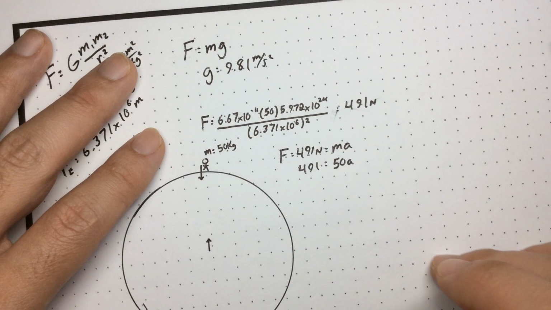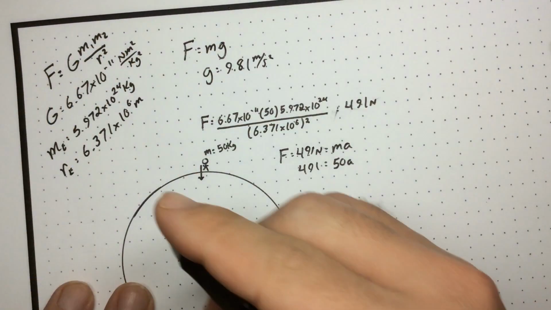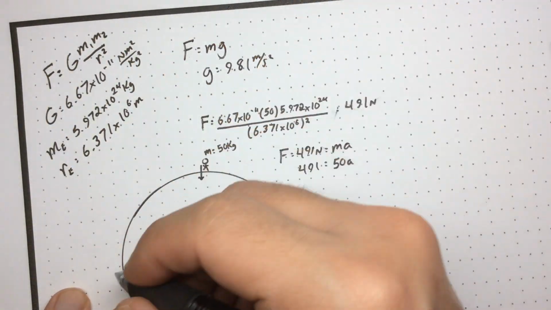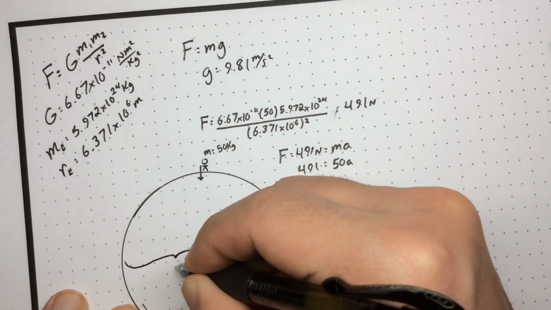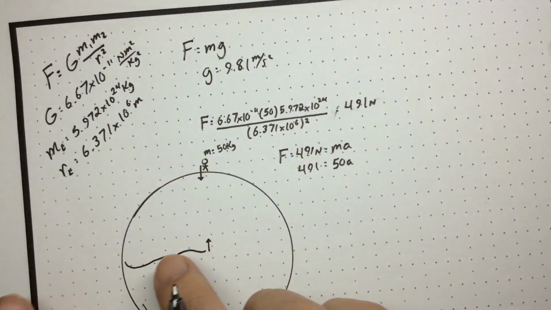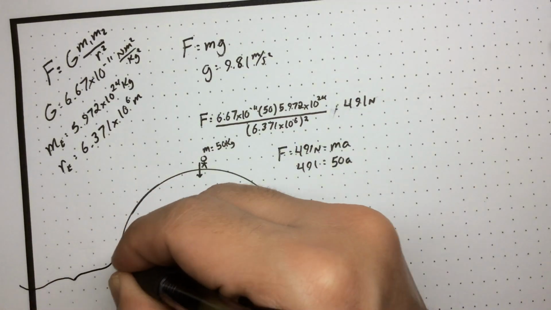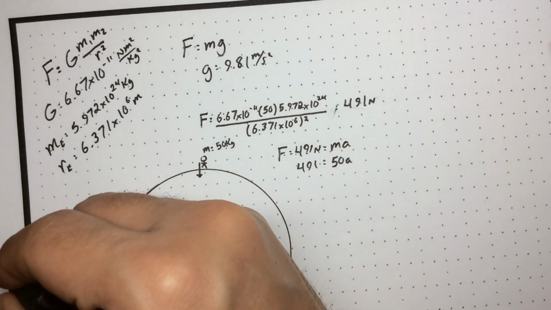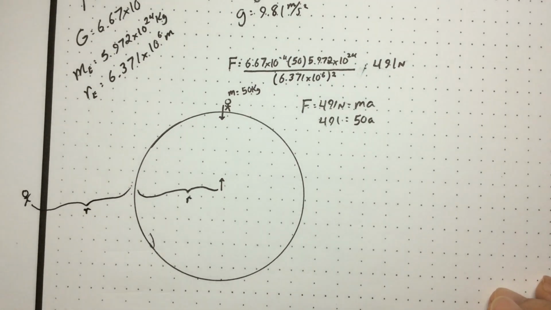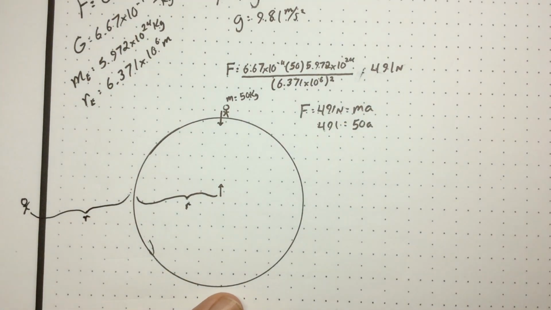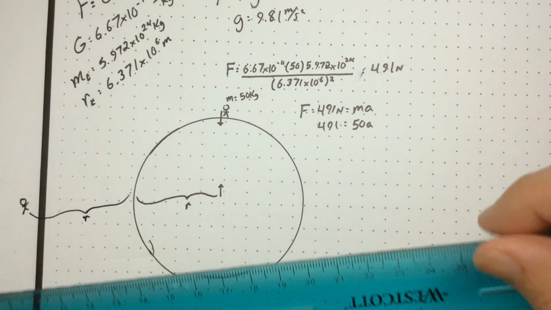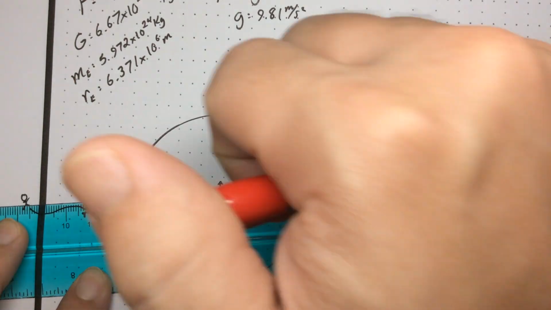So let's say that you are not on the Earth, but you are farther away from the Earth. If this is Earth's radius, r, then let's put you another Earth's radius away from it. So that's another r. So we'll have you floating out here. And if we were to look at the force on you, you would still fall towards the Earth.